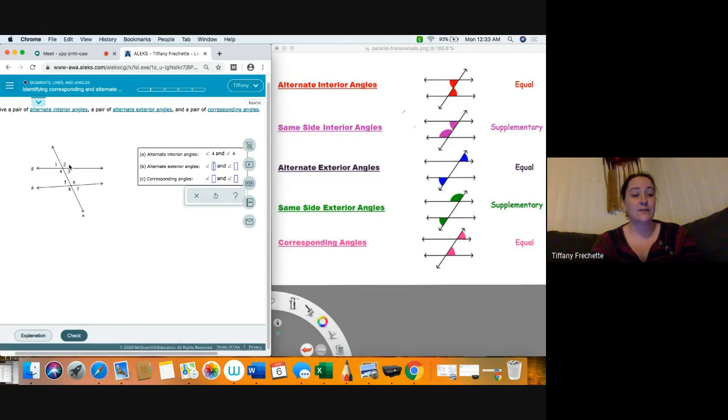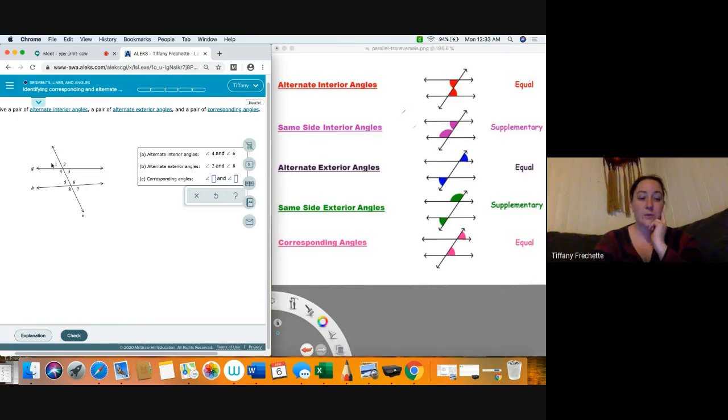It is outside of the lines. So I need to jump to the left side of the line. I need to go all the way until I'm outside of those two lines. So I need to keep going until I'm not in between them anymore. So I go to 8 here. So if I start with 2, I jump over to the left side, go all the way down. So I have 2 and I have 8.